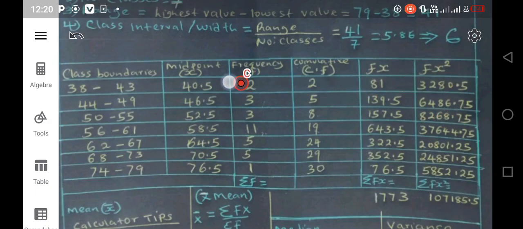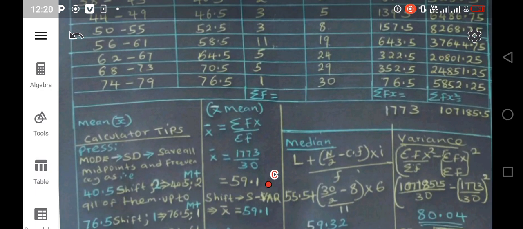So whenever you multiply the midpoint squared and the frequency, you're going to get the values in this particular column. Now you can add all of them and record the totals down here. Even here, when you add the frequencies, you're going to get that from the cumulative frequency. Now let's go there and start answering our questions.